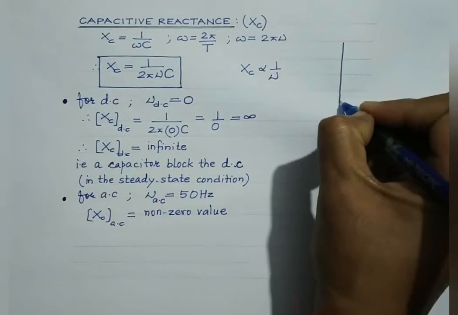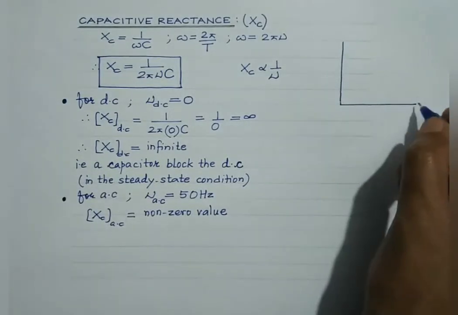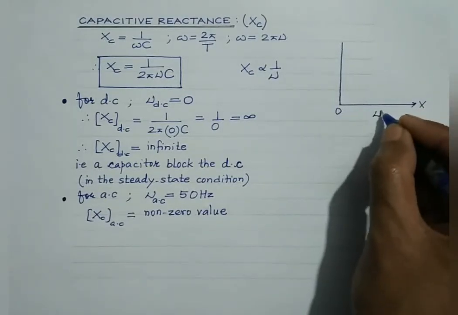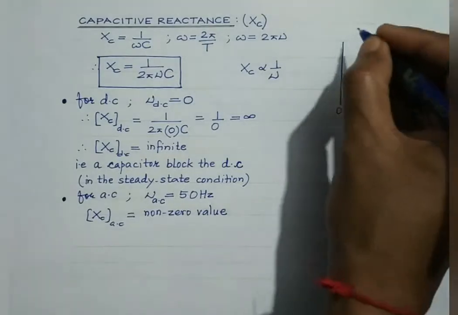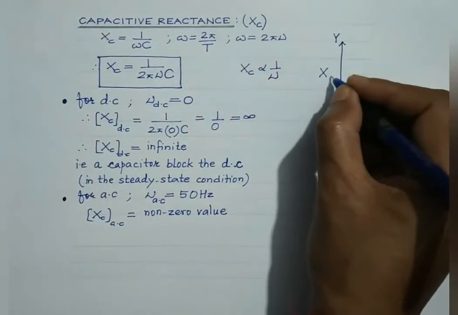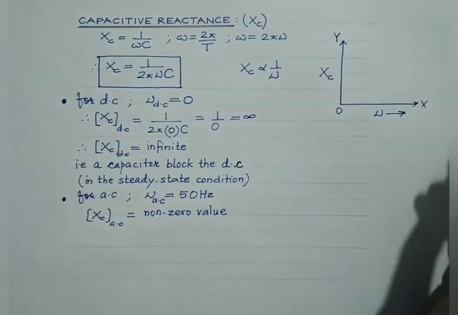Suppose this is the vertical axis and this is the horizontal axis. Let OX represent the linear frequency and OY represent the capacitive reactance.